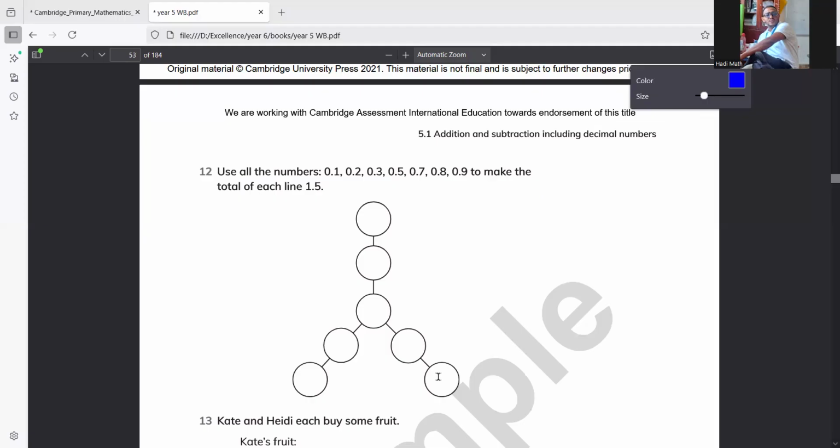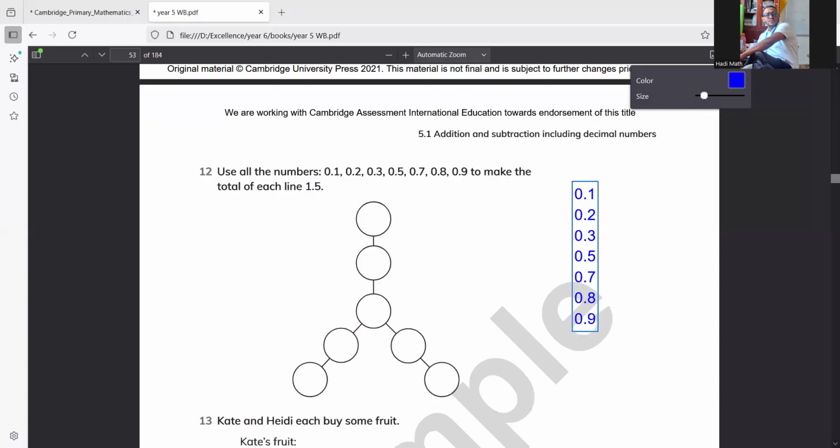Now you need to see the sum of all your numbers together. 0.1 plus 0.2 is 0.3, plus 0.3 is going to be 0.6, plus 0.5 is going to be 1.1.